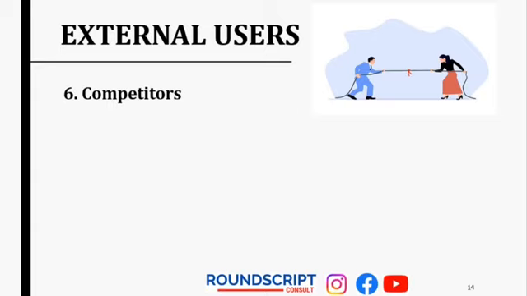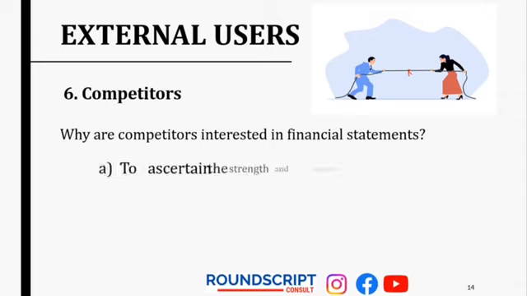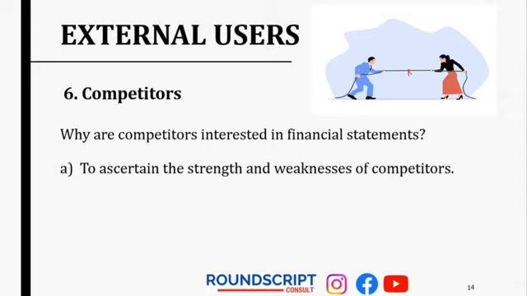Competitors are another set of external users. Now, competitors analyze accounting information to ascertain the strengths and weaknesses of their competitors. So, by analyzing, for instance, the balance sheet of a competitor, a business is able to see the asset base or the liquidity potential of the business.